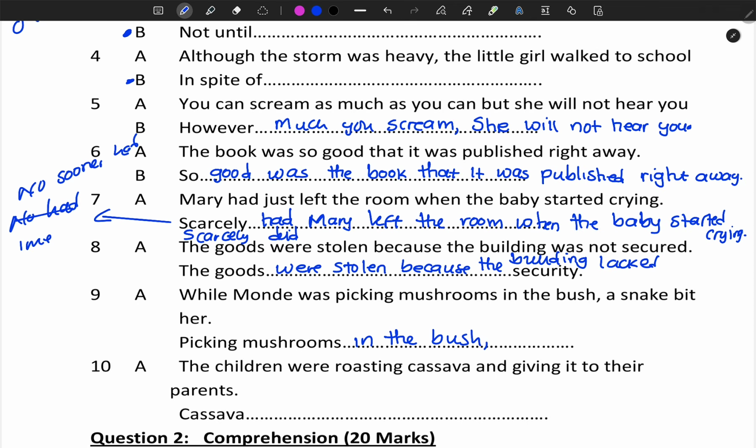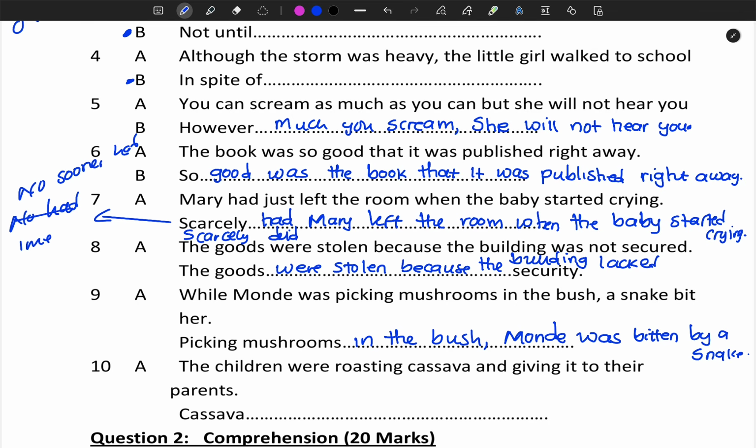Let's say 3/4 of these questions require you to write the first part as a phrase. So picking mushrooms in the bush, then we can now say Monde was bitten by a snake. Or if you want, we can say the snake bit Monde.